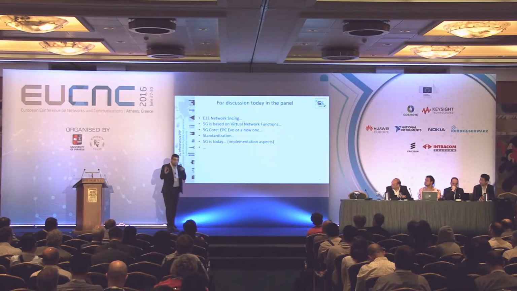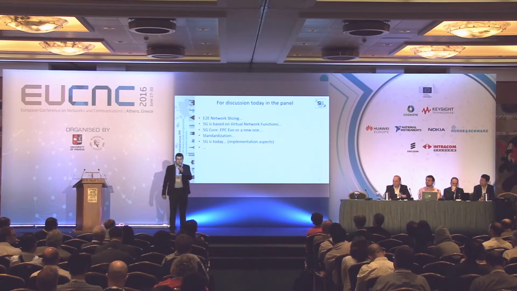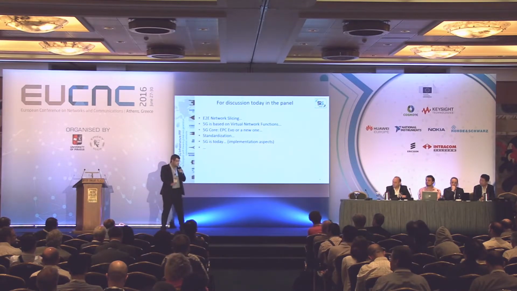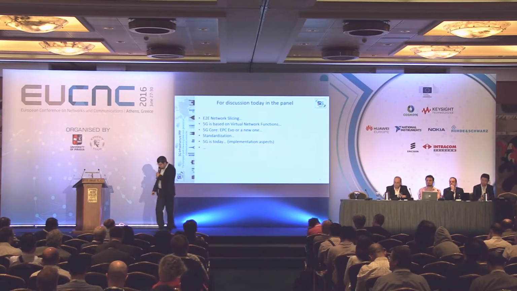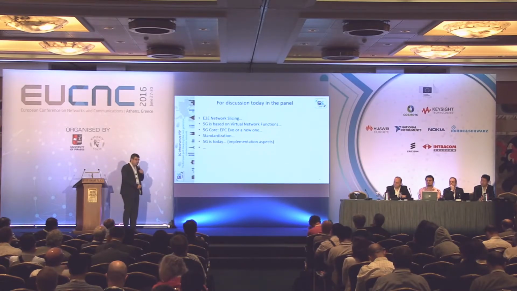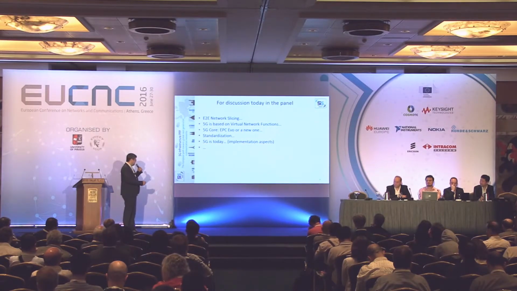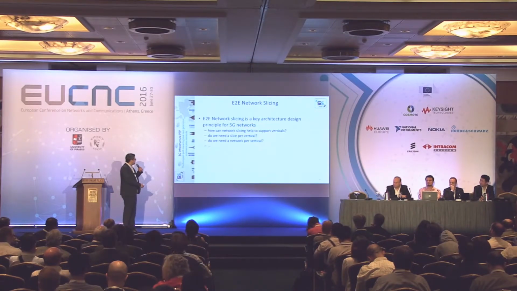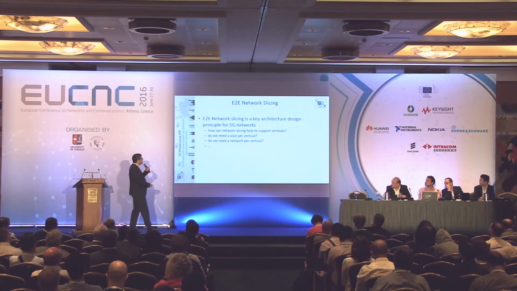I want to open the floor to questions from the room. Feel free to ask questions, also ones not related to this topic, so we can have part of the discussion touching other topics if you think they are of interest. First is related to network slicing.